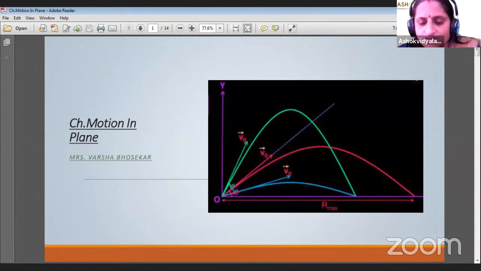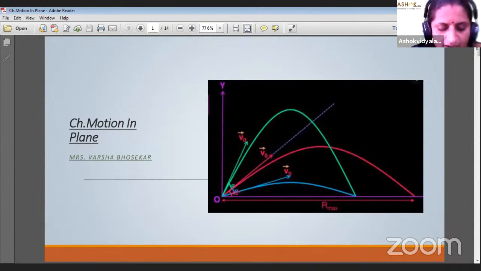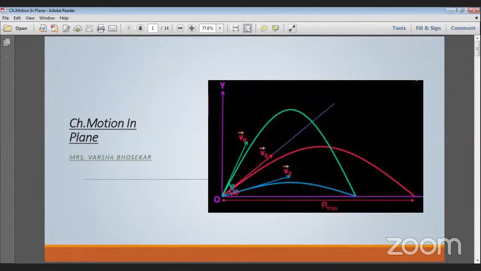In the last lecture, we also covered the time of flight, its equation, and the maximum horizontal range, which depends on the magnitude and direction of the initial velocity of the projectile as well as the value of acceleration due to gravity at that place.